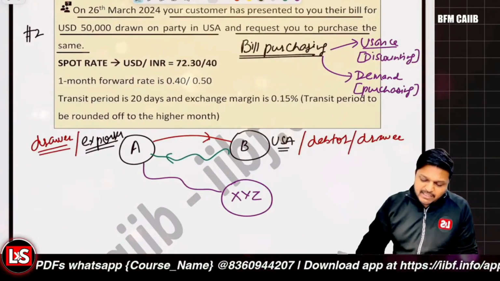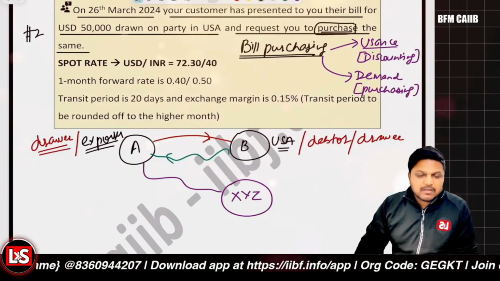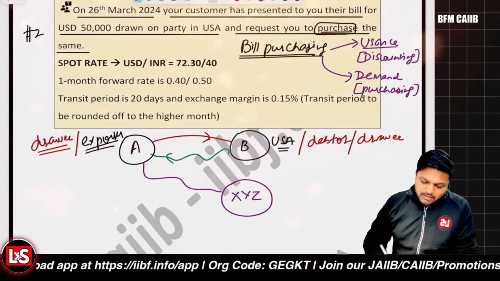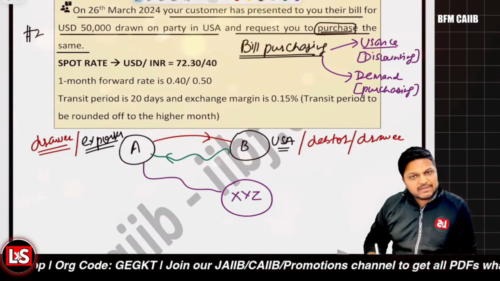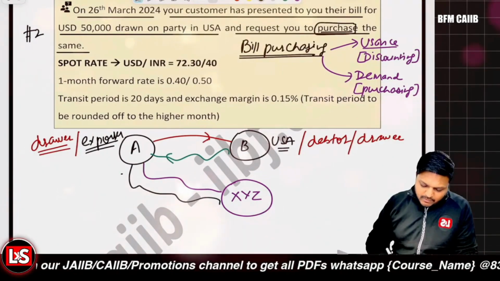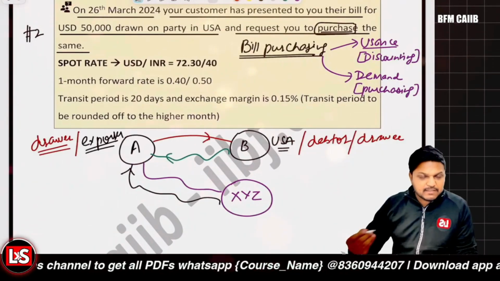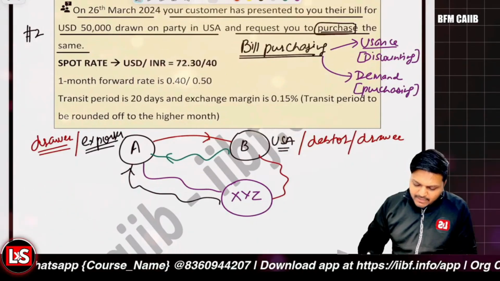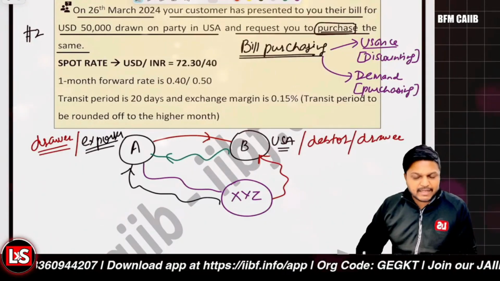Now in this scenario, they say it's about the purchase. It means we are dealing with the demand bill of exchange here. Person A sold this bill to XYZ, and XYZ purchased this bill, and immediately a liquidity amount will be given to person A. In the case of the demand bill, the bill will be presented to person B, but it's going to take some time because B is in another country.